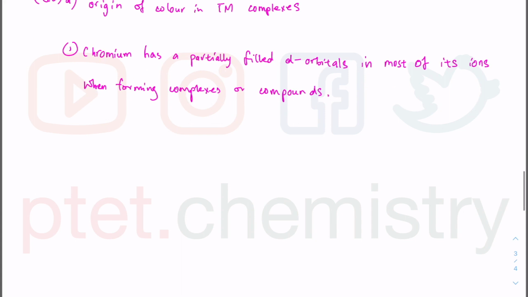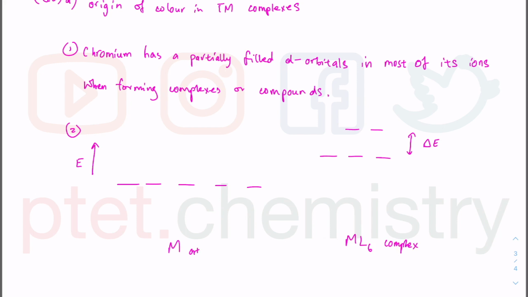Let's get started with the main essay. So we know that we have the degenerate d orbitals. I would probably draw this as some stage on the side, and I know they will be split into two energy levels in the presence of ligands. This is an ML6 complex when it is octahedral, and this is just the metal atom, no ligand.